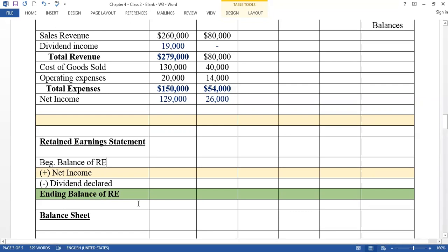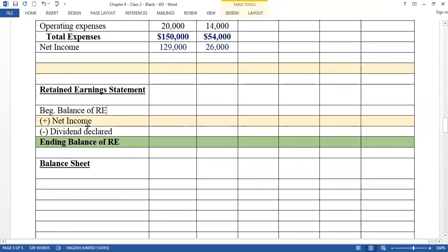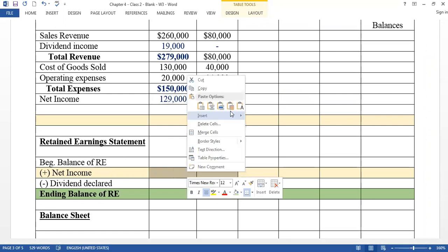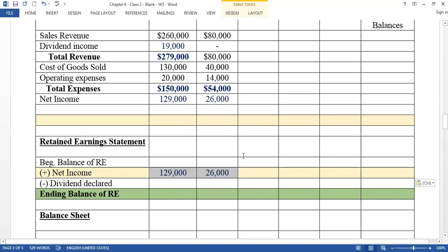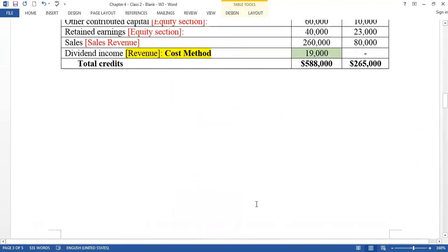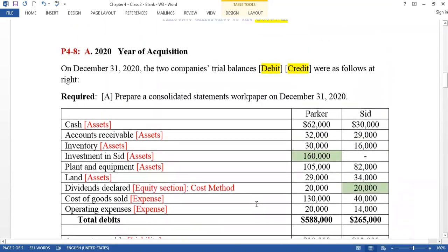So we have all the information. We already know the net income, right? Then we already know the beginning balance of retained earnings.